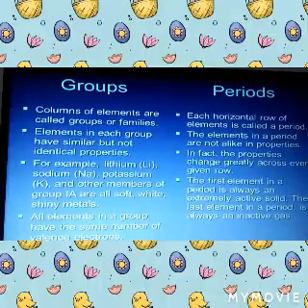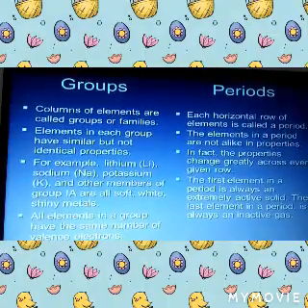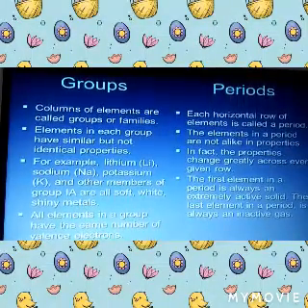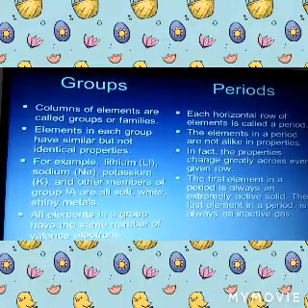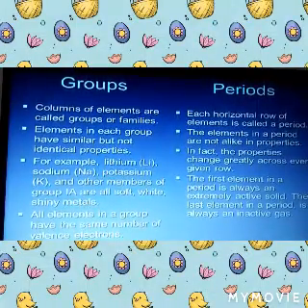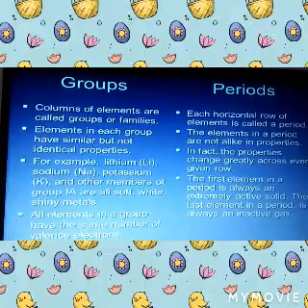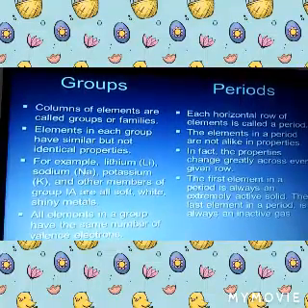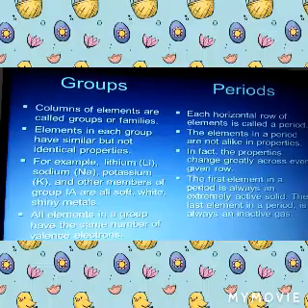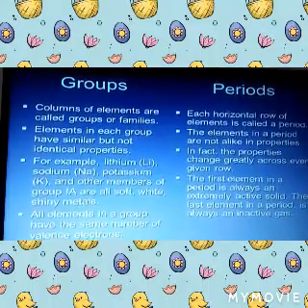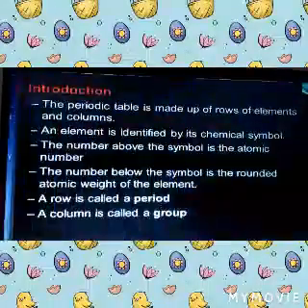All elements in a group have the same number of valence electrons, while in periods, each horizontal row of elements is called a period. The elements in a period are not alike in properties. In fact, the properties change greatly across even a given row. The first element in a period is always an extremely active solid. The last element in the period is always an inactive gas.